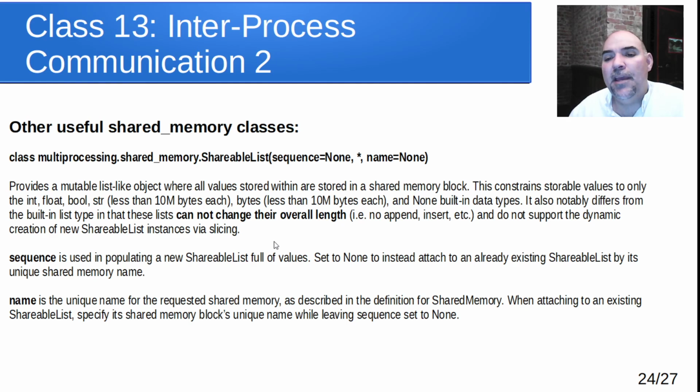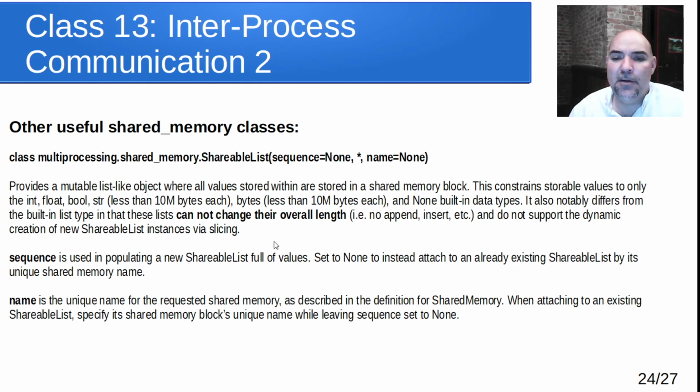So you can't have other object types, but you can have anything that's ints, floats, booleans, meaning True and False, strings, bytes, and None data types. Now, it also differs from the built-in list type in that those cannot change their overall length.